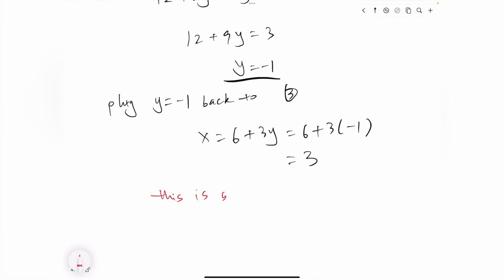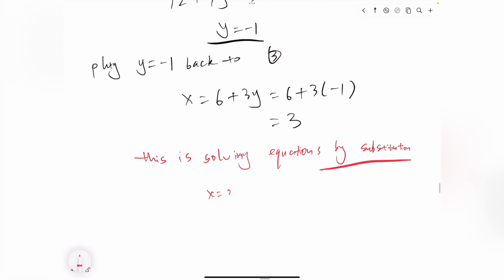This is solving the equation by substitution. So x equals 3, y equals -1.